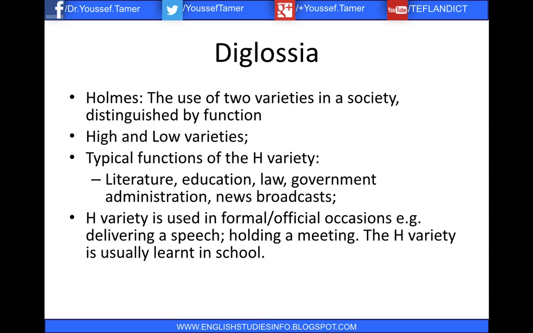The H variety is usually learned in school. We don't learn it as a mother tongue. So Standard Arabic for us is not the mother tongue. Our mother tongue is Moroccan Arabic because that's the one we learn when we are kids, babies, the language in which we are socialized. Okay?